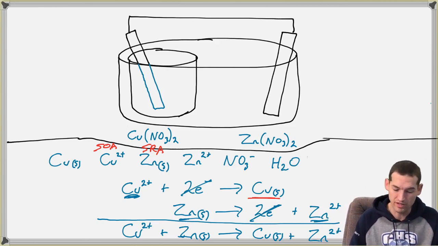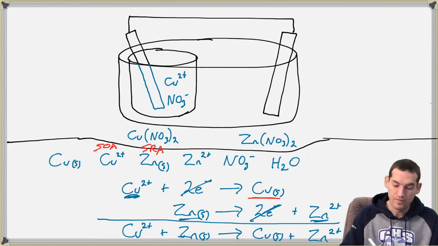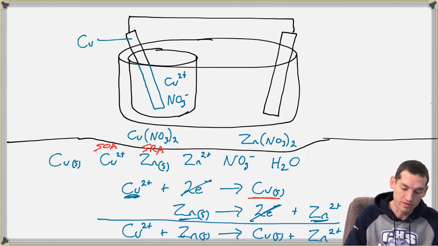So for example here, I could still have my copper 2 positive ions as well as the nitrates. I can write an N. This one would still be my copper solid.